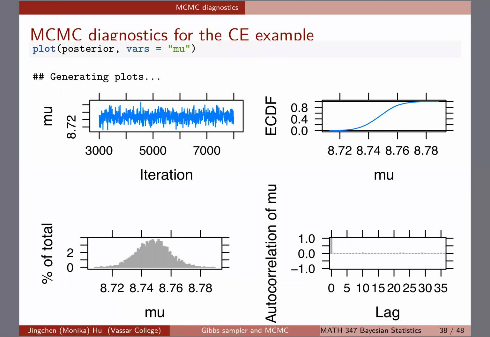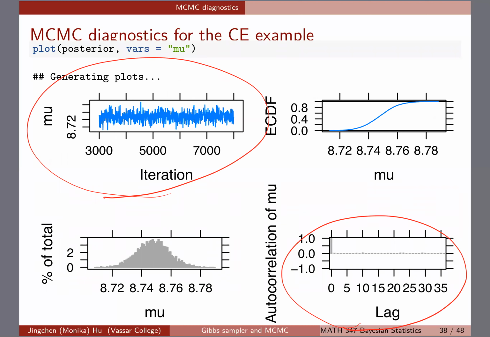All right, so again, we just come back to this. So this is the plot for mu. Mostly what we care about is the trace plot as well as the autocorrelation plot. The other two, this one is the empirical CDF, and this one is just a histogram of the posterior draws.